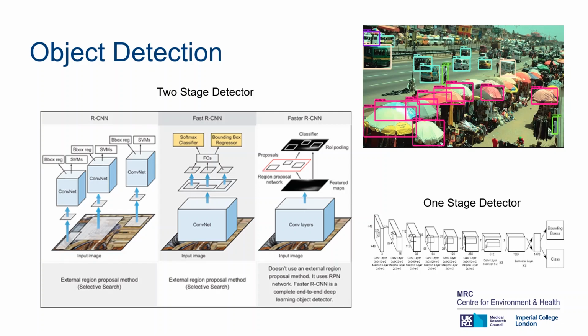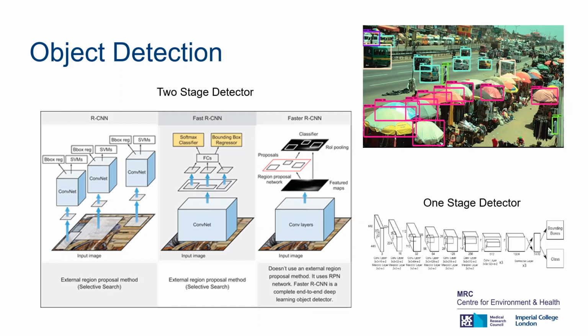Faster R-CNN has much higher accuracy than our one-stage detectors. However, the trade-off we have is time. For the one-stage detectors such as YOLO, the entire process is done in one stage, hence the name.